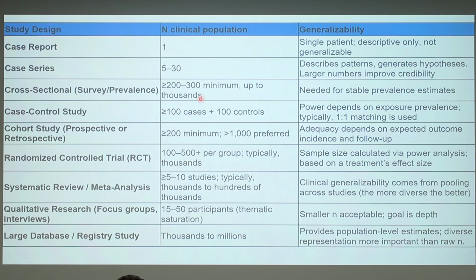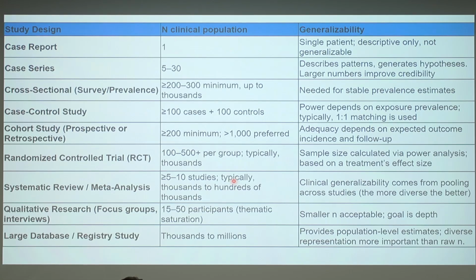The power analysis hasn't been conducted on these studies, so you won't be able to take this information and say in a broader scale of population that the data found in this study will be useful. Now, that doesn't mean these study designs don't have utility. It just means that you have to understand what utility they might have. And again, we're going to see an example of this later on.